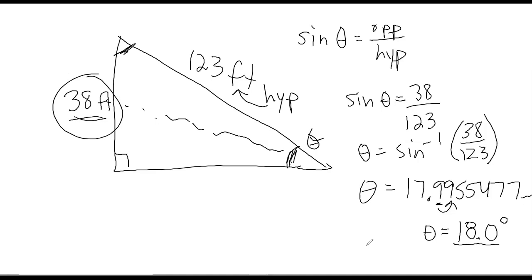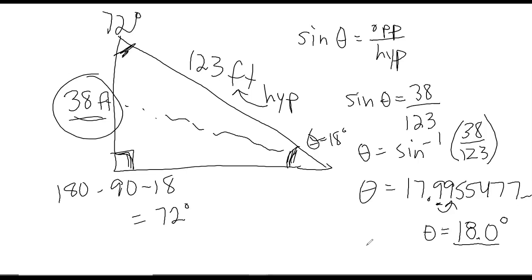So if this is 18 degrees and this is 90 degrees, how much is that one? Well, 180 minus 90 minus 18 equals 72, if my brain's working today. 72 degrees up here. 72 and 18.